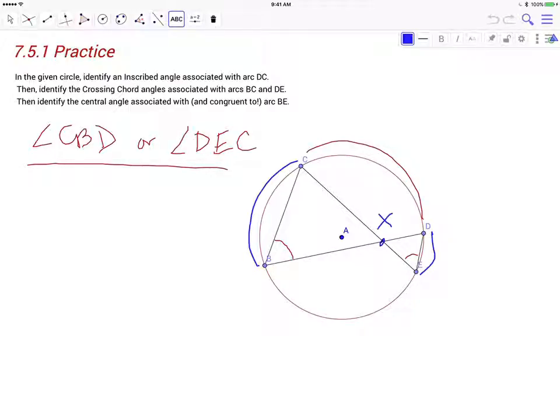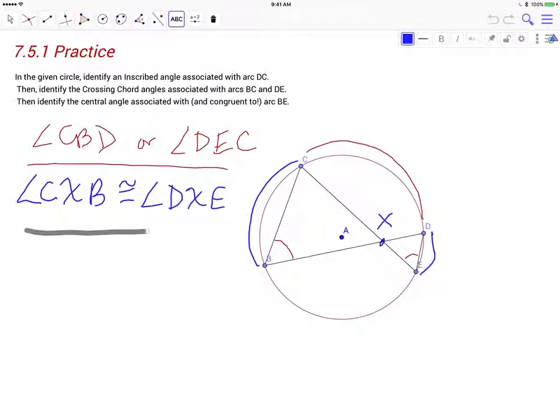And the angle would be CXB, which is equal to, right, because of vertical angles. You may have also written DXE. And that's the second one.